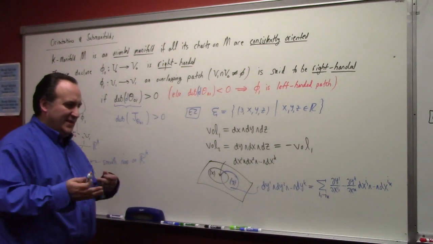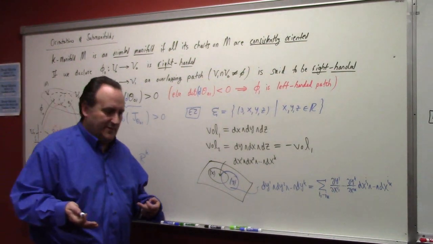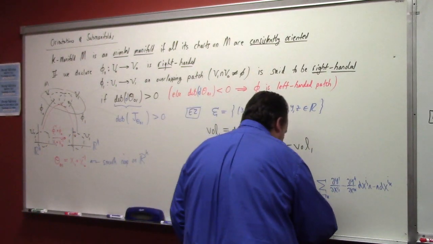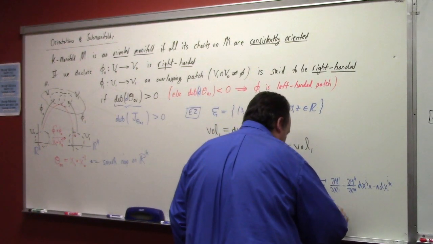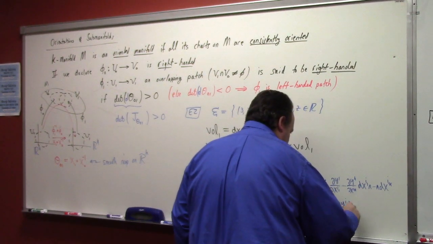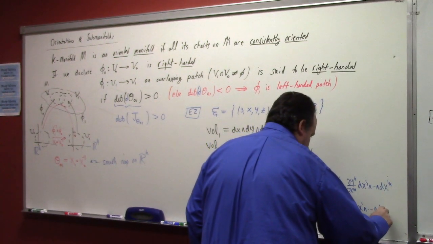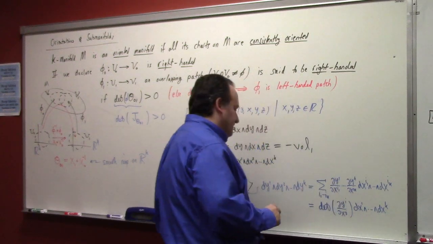But that's the completely anti-symmetrized sum of the partial derivatives of y with respect to x. That's exactly the determinant of the matrix of partial y^i, partial x^j, times dx^1 wedge ... wedge dx^k.